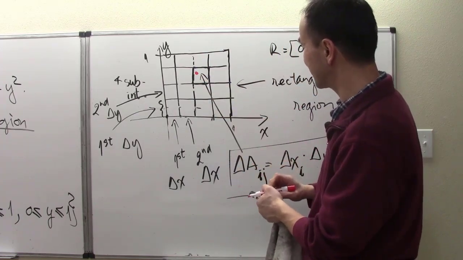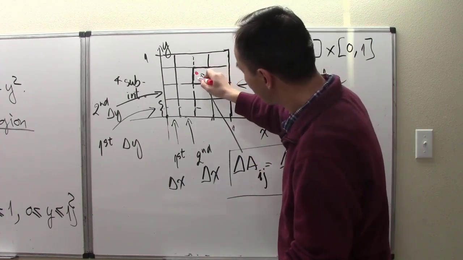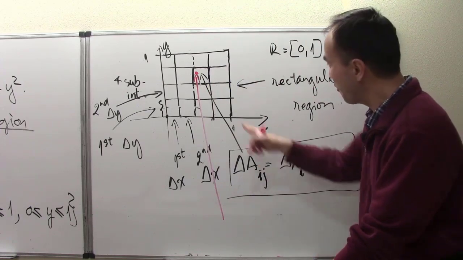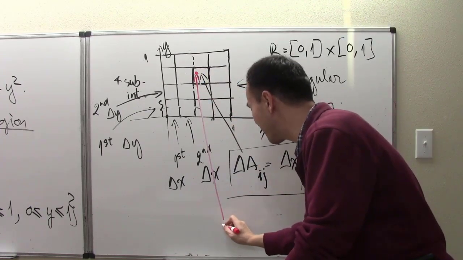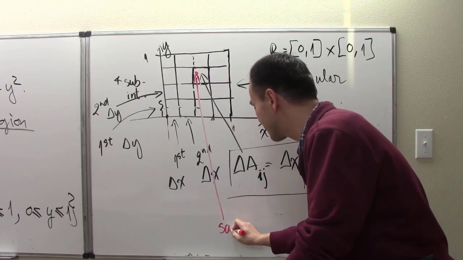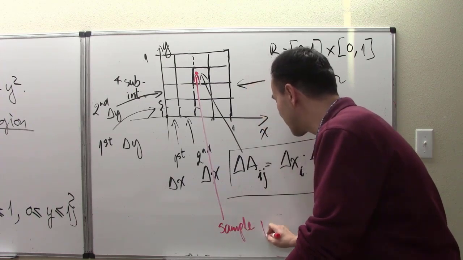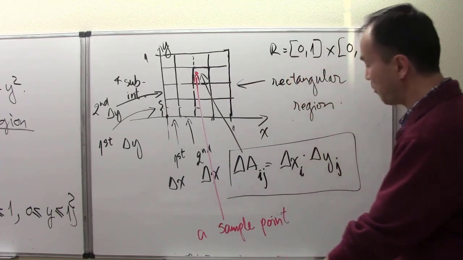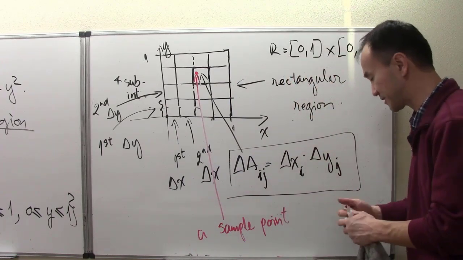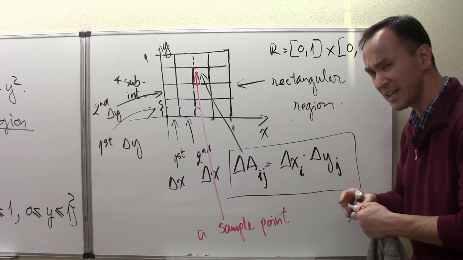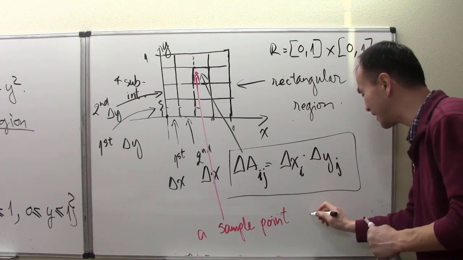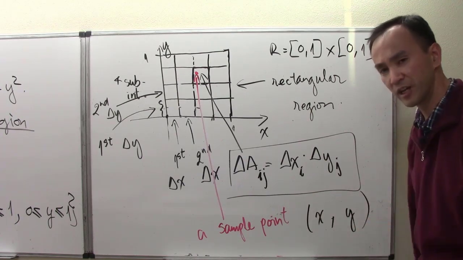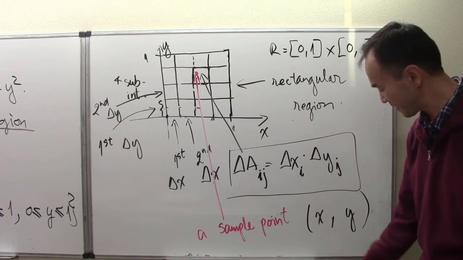I'm going to make another red arrow to point down here. With that point right there, we call it a sample point. Many textbooks write any point on the x and y plane as a pair of values, x, comma y.